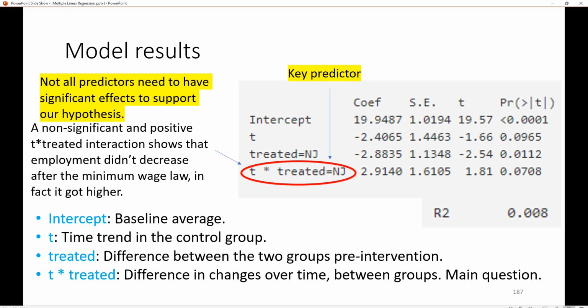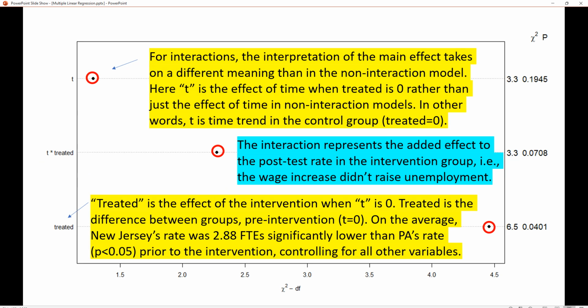If this was negative 2.91 and the p-value is less than 0.05, then that would have actually supported the argument that increased minimum wage rates can increase unemployment. So for this to be that much different than some people argue, that would suggest that the minimum wage law didn't hurt employment rates.